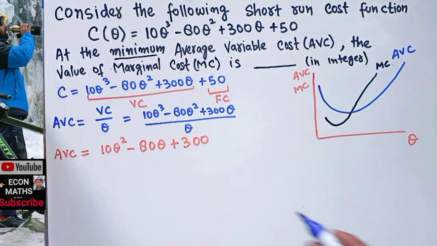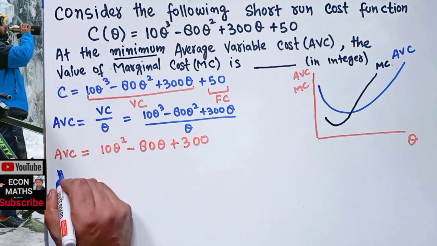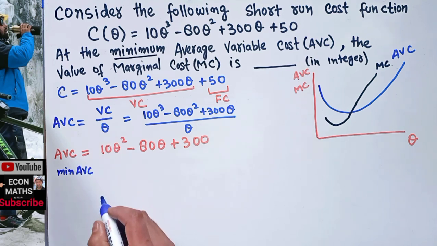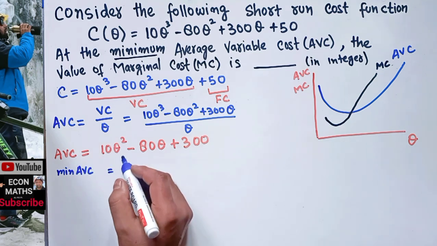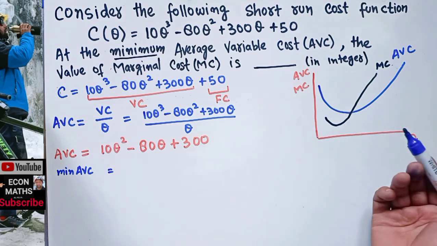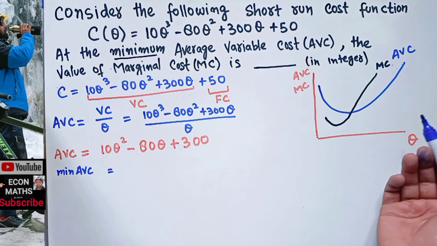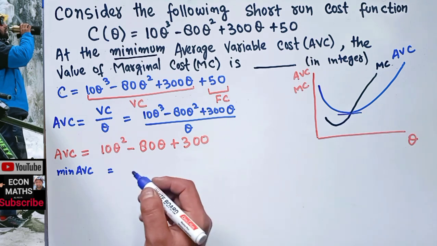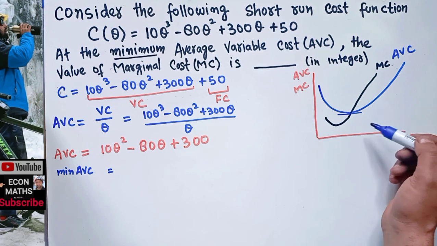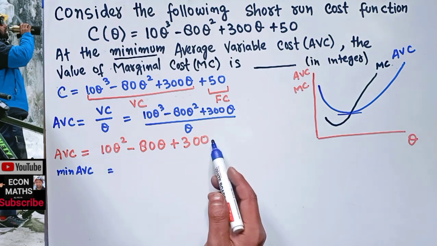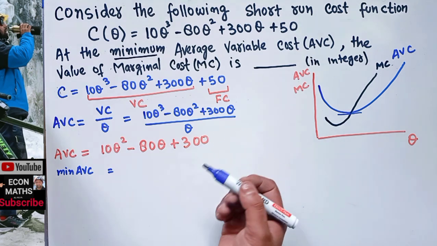But we need to find out the minimum of average variable cost. What exactly is meant by this? That means the minimum point will be where the slope is equal to 0. When the slope is equal to 0, that means we take the derivative of average variable cost with respect to output and set it equal to 0.